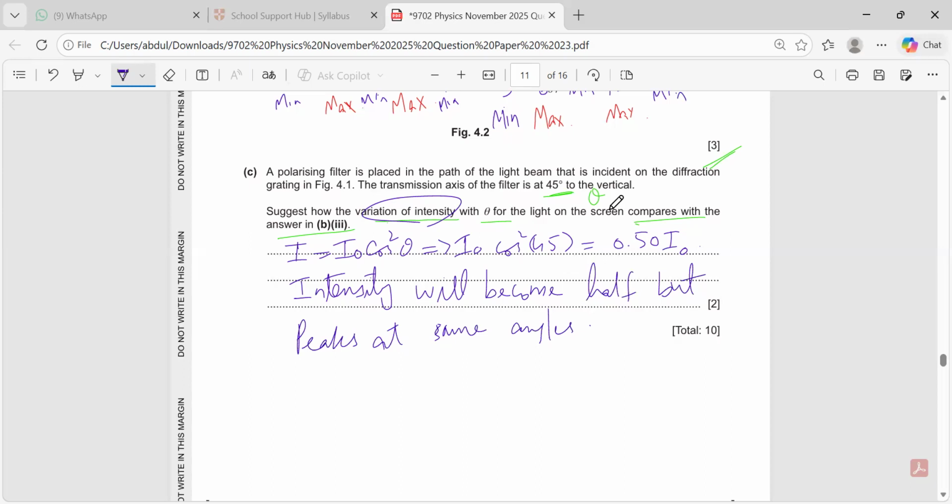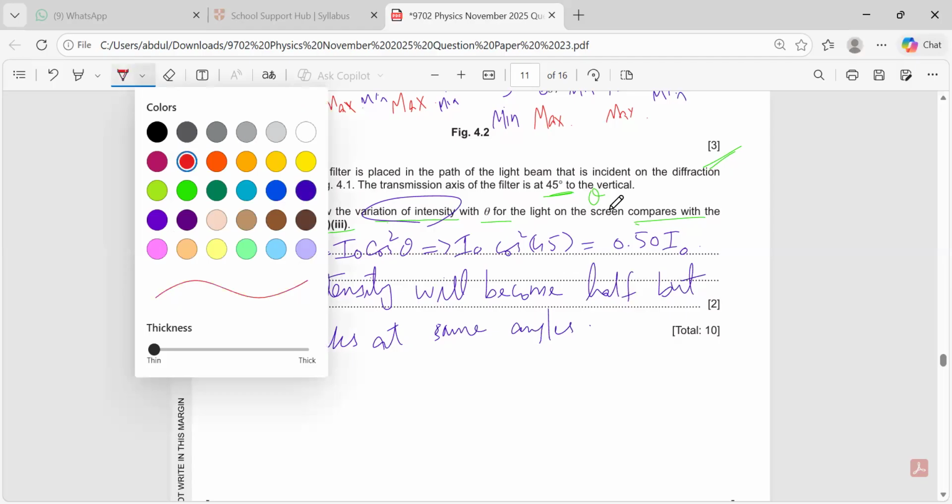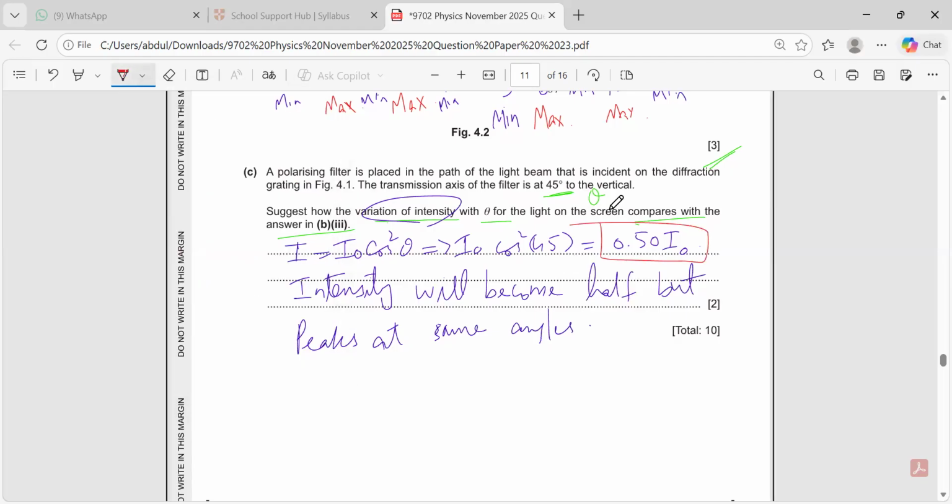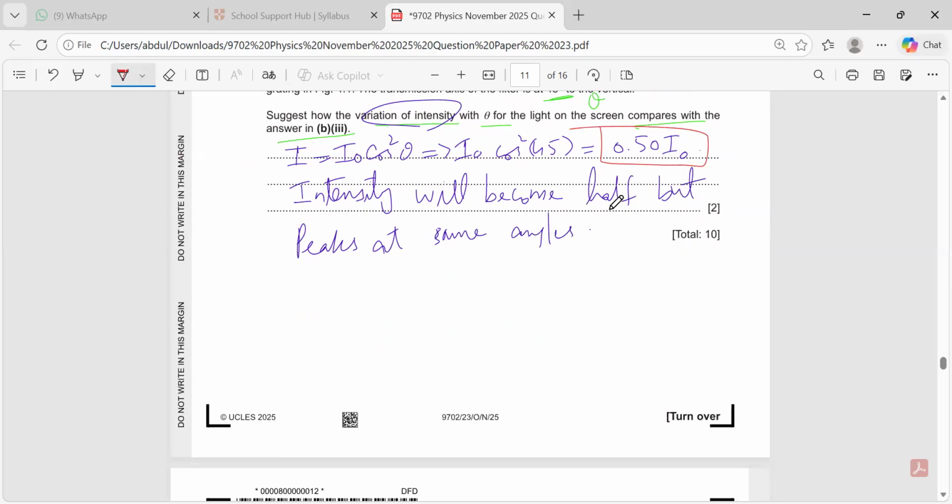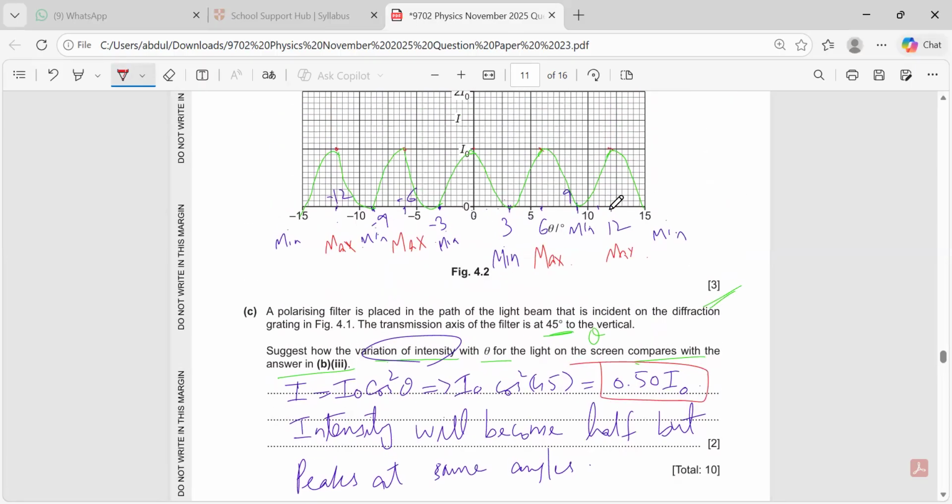So angles will stay the same. Peaks will stay at the same angle, only the intensity will become half. And how do we know the intensity is going to become half? That we know because of this calculation with the help of Malus's law. So for that waves question, other than this graph, you need to concentrate a little bit. Otherwise, it was straightforward.